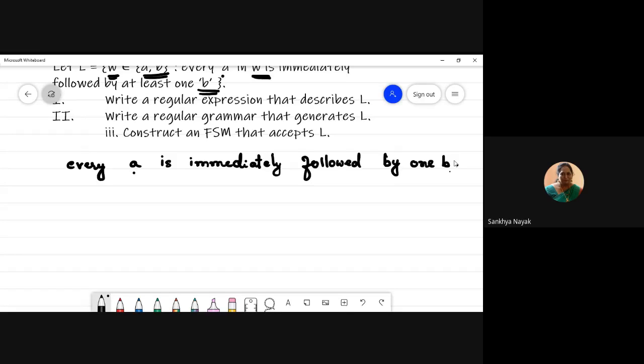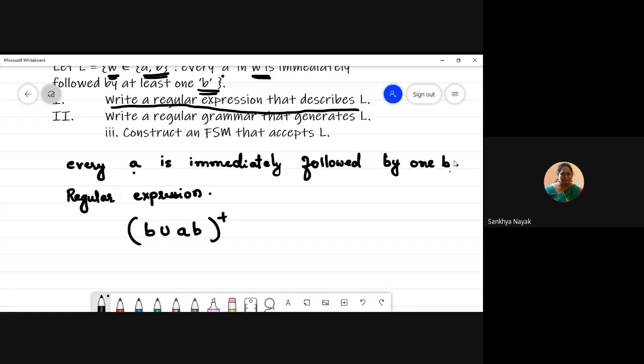For that, you write the regular expression. So what is the regular expression for this? As I said, I can have only B, or if at all A is there, it should be followed by a B. And this can repeat any number of times.